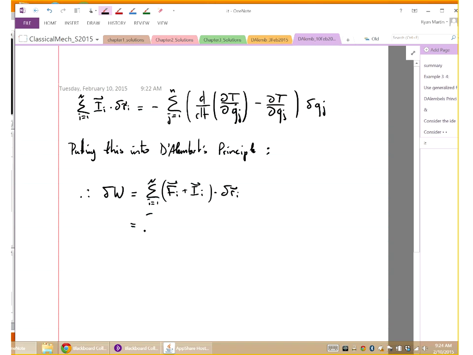So that was equal to the sum from j equals 1 to lowercase n. The Fi we know that we could write in terms of the Qj delta qj, but the second term with the capital I is also going to have a delta qj at the end.